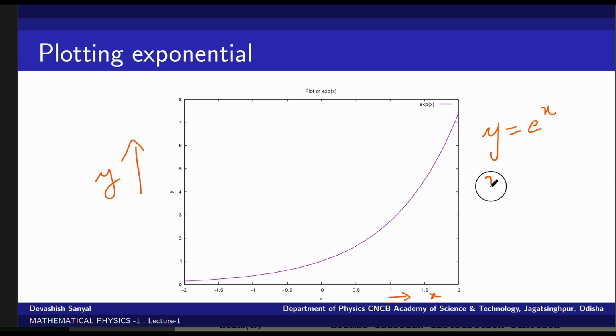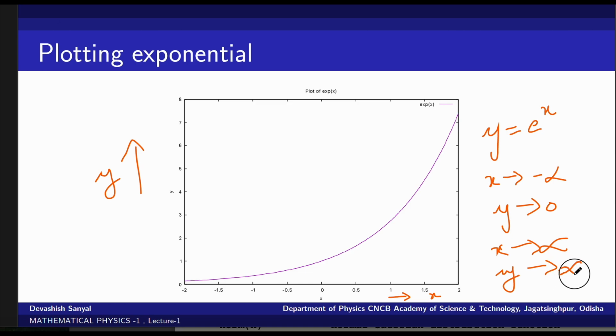So as x tends to minus infinity, y tends to 0. And as x tends to infinity, y tends to infinity, which means y keeps growing.